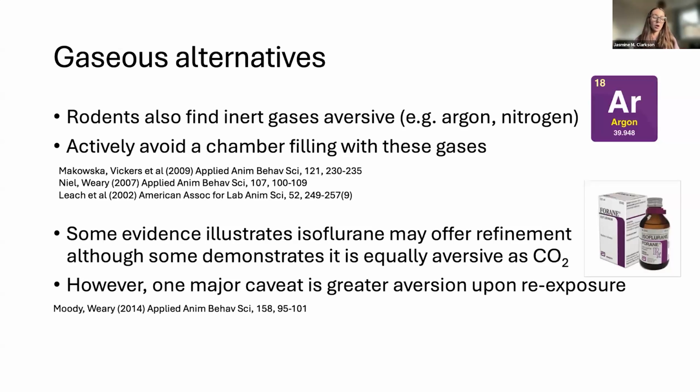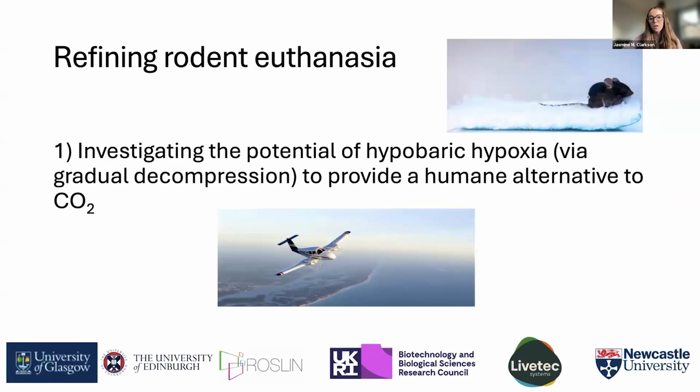So for example, if you've got a surgical model that's obviously undergone isoflurane anesthesia, they will show greater aversion during euthanasia. So that is something that unfortunately has to be considered if we are thinking about this as an alternative method. So for the past 5-6 years now, we've been looking at refining rodent euthanasia.